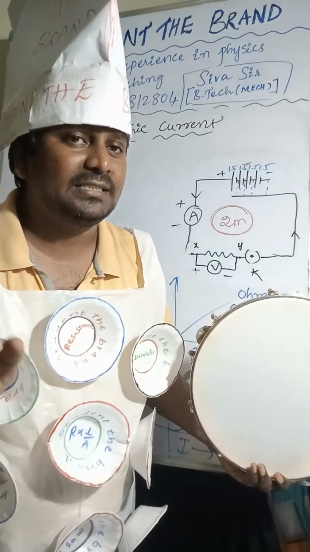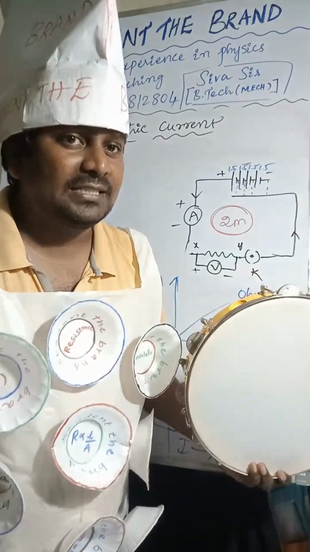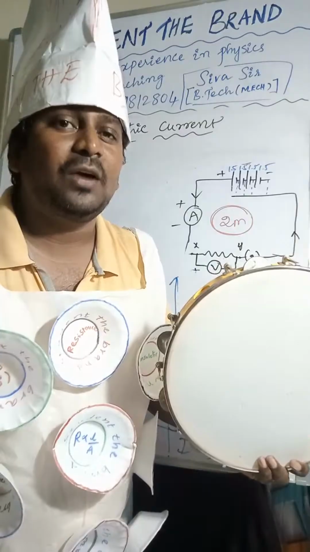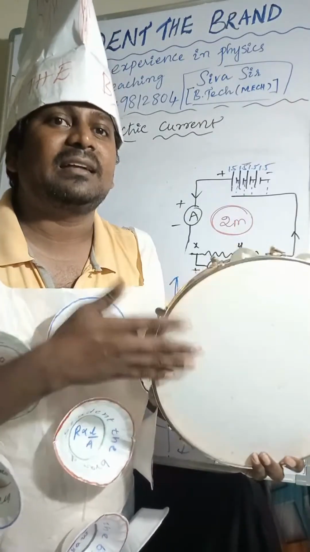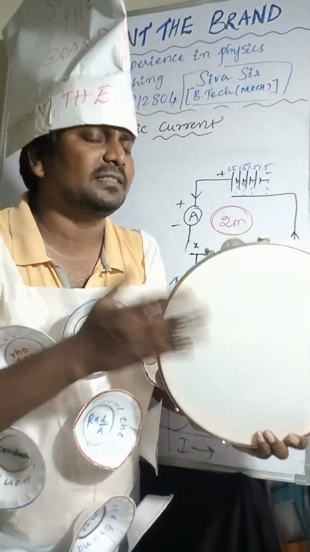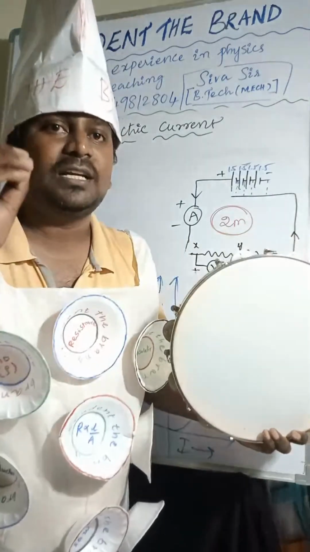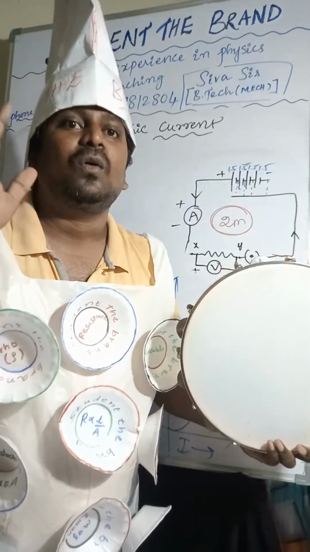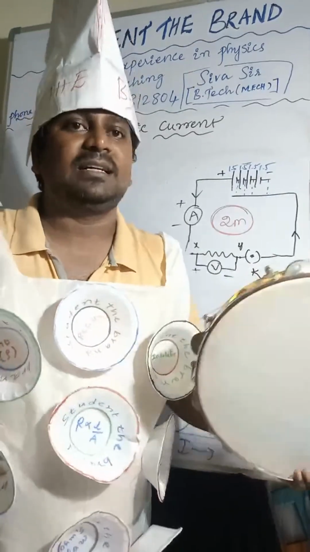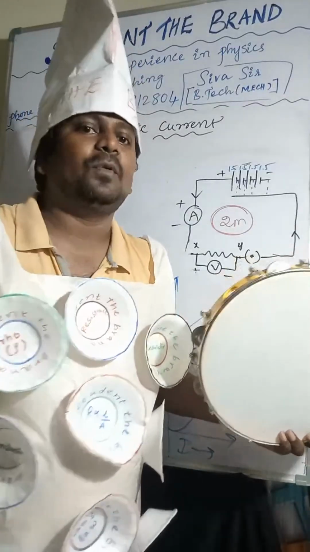The substances which do not obey Ohm's law are called non-ohmic conductors. So the substances which obey Ohm's law are ohmic conductors, and the substances which do not obey Ohm's law are non-ohmic conductors. Very important.